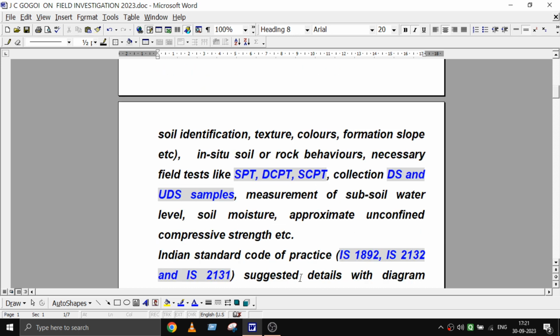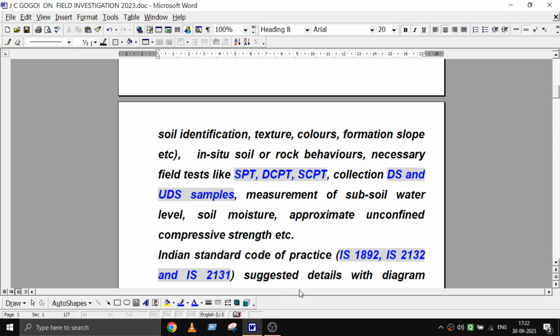Indian Standard Code IS 1892 covers how to make a drill hole, what type of hole is required, and what shall be the minimum and maximum diameter. IS 2131 covers the standard penetration test, and IS 2132 covers collection of soil samples, basically undisturbed soil samples.